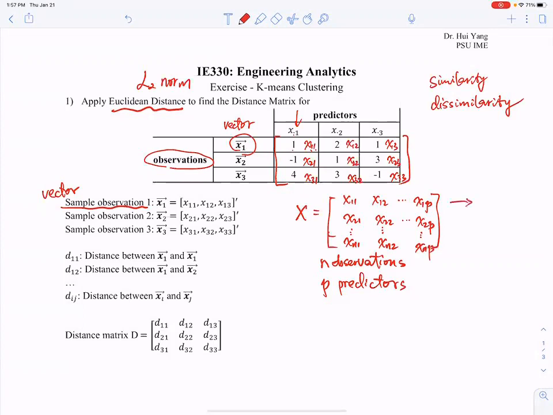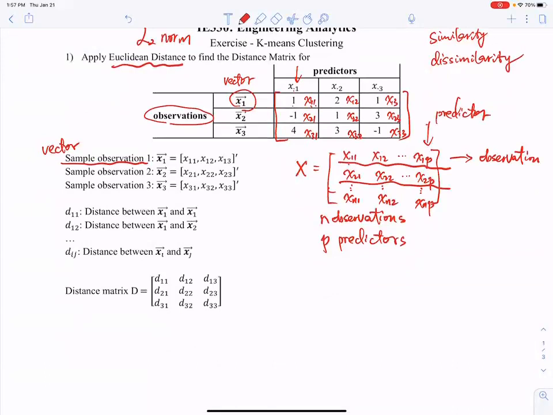Each row is an observation. Each column is a predictor. And we want to find out the observations, which rows, if we put them in this p-dimensional space, form clusters of our observations.